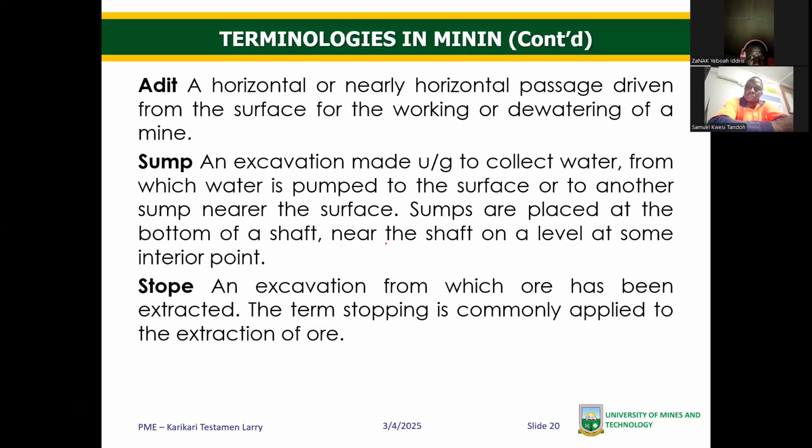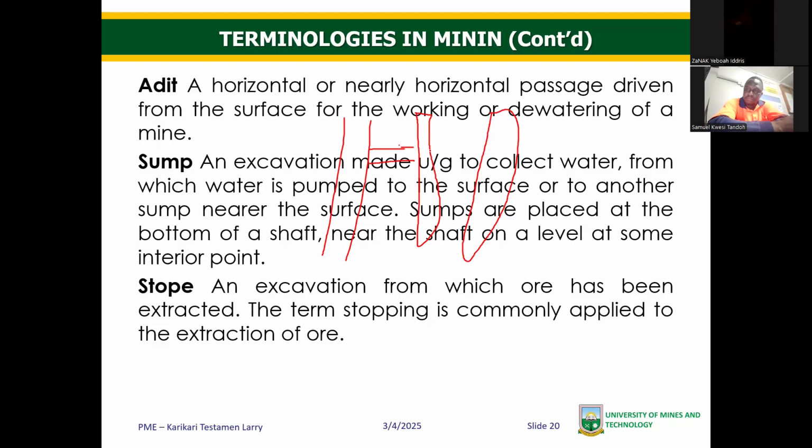As I said, let's say this is our incline, our decline. We have our crosscuts or access. We have our drift here. Let's say we have the ore lying this way.